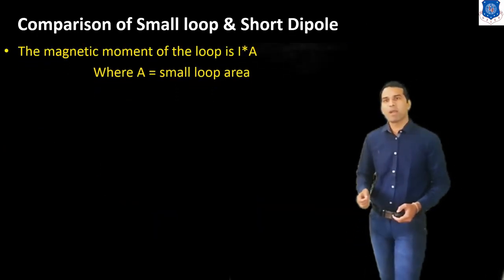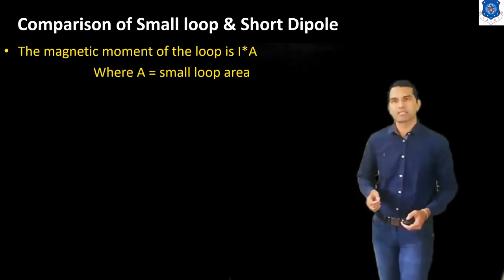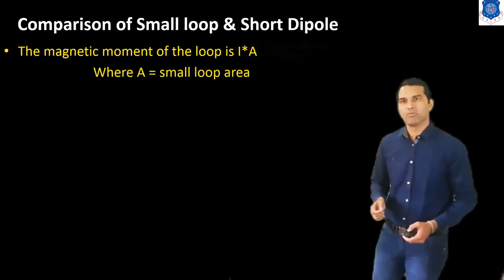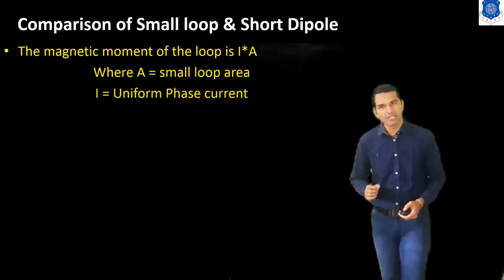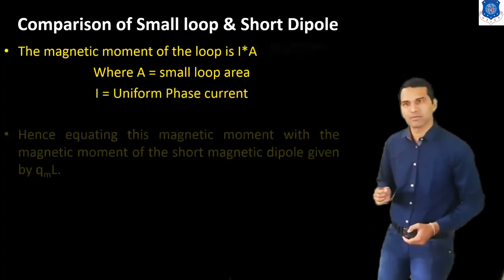The magnetic moment of a loop is I into A, where A is the small loop area and I is the uniform phase current.